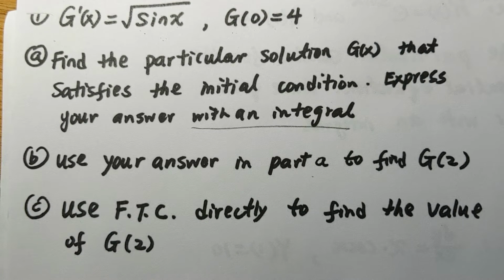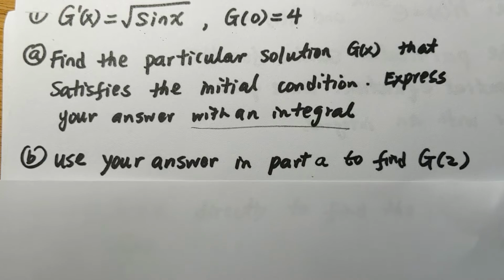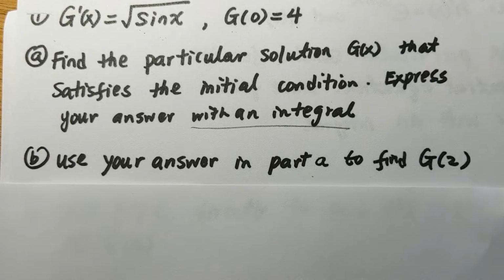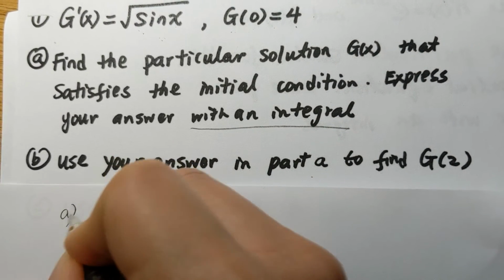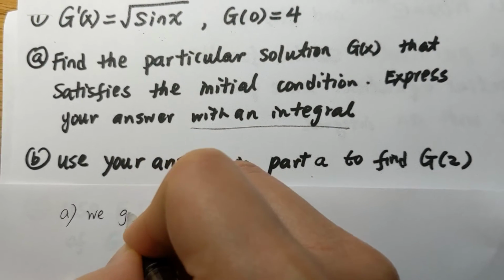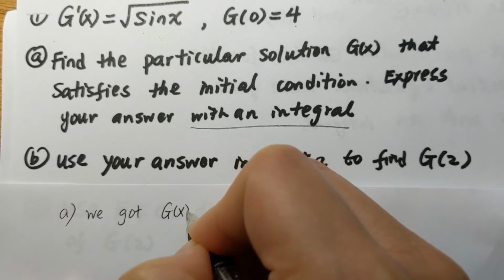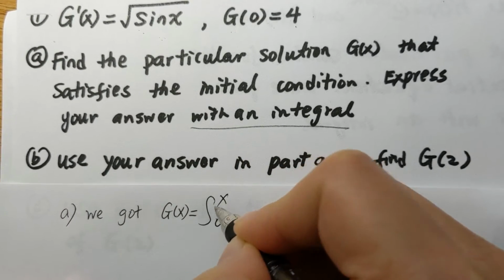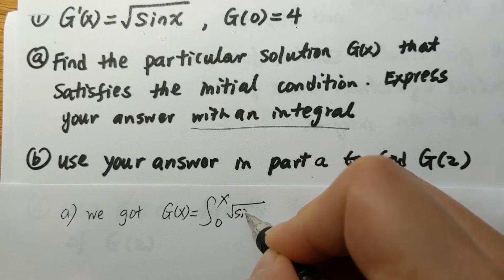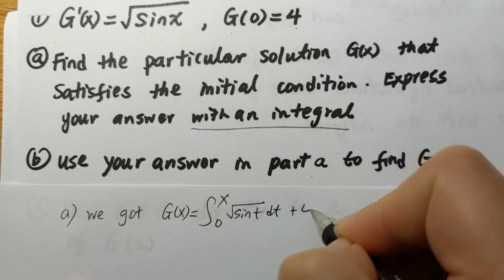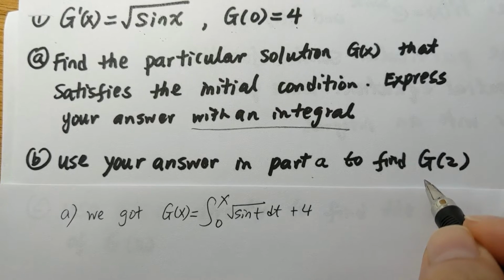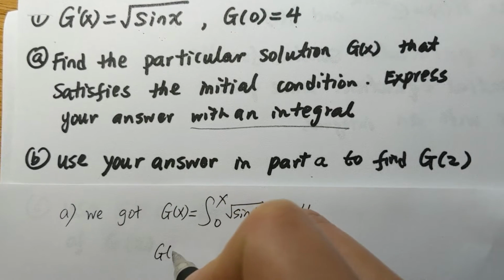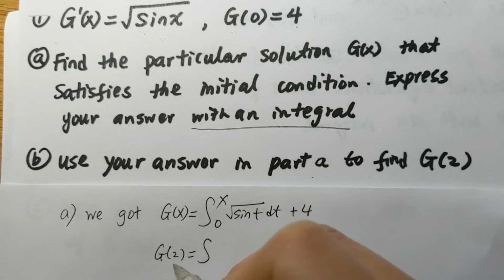Question 1b said to use your answer in part A to find g of 2. So in A, we got g of x equal to the integral 0 to x of square root of sine t dt plus 4. We're going to use this answer to find g of 2, and now just do substitution.